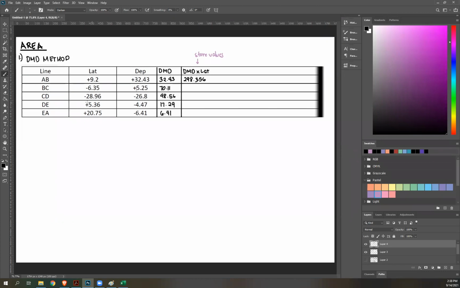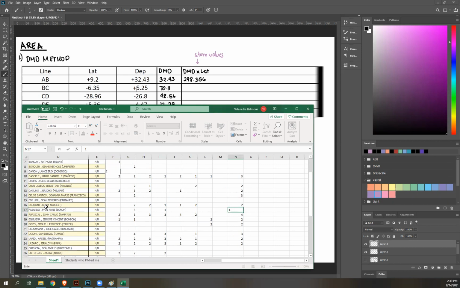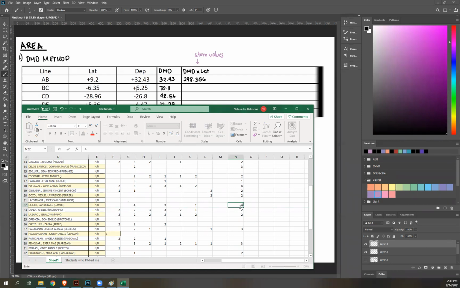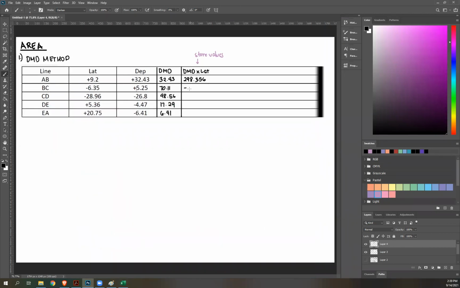Next, can you compute for DMD times latitude of BC? Correct. That's negative 445,198.5.